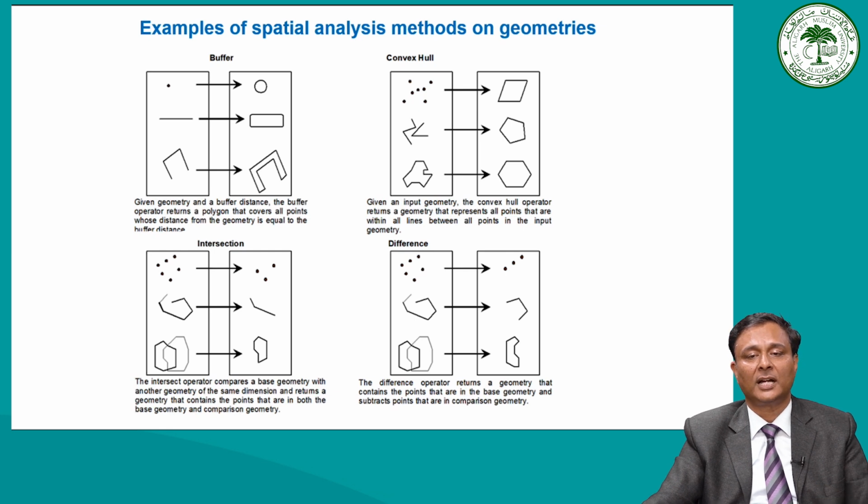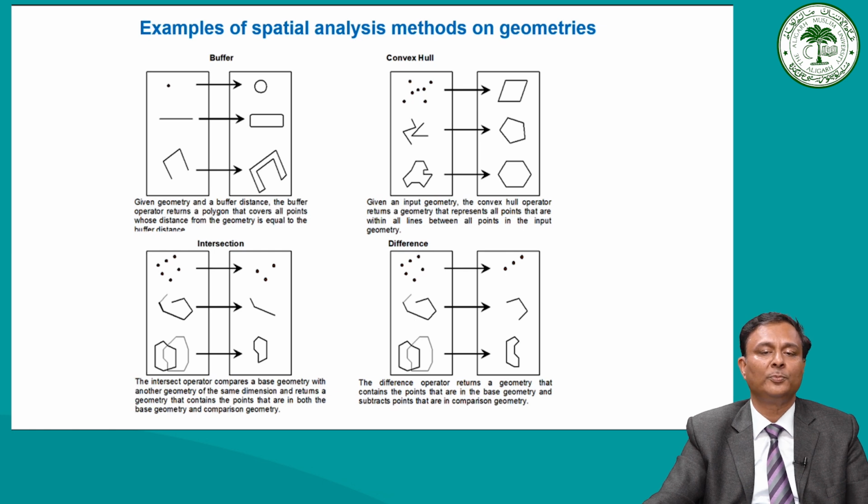The intersection, a geometry that contains just the points common to both input geometries. While differences, a geometry containing the points that are different between the two geometries. Distance, the shortest distance between any two points in two geometries. While union would be a geometry that contains all the points in both input geometries.